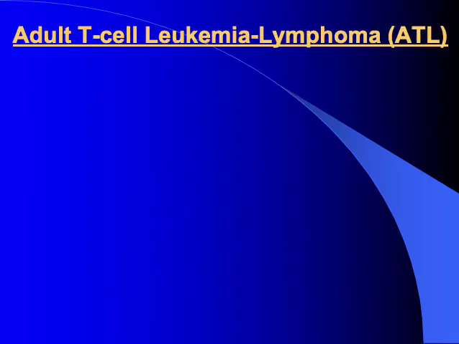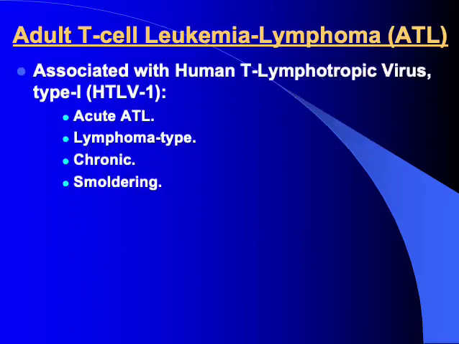Adult T cell leukemia lymphoma, ATL. Adult T cell leukemia lymphoma is associated with the human T lymphotropic virus type 1, HTLV1, and there are 4 forms of this disease.